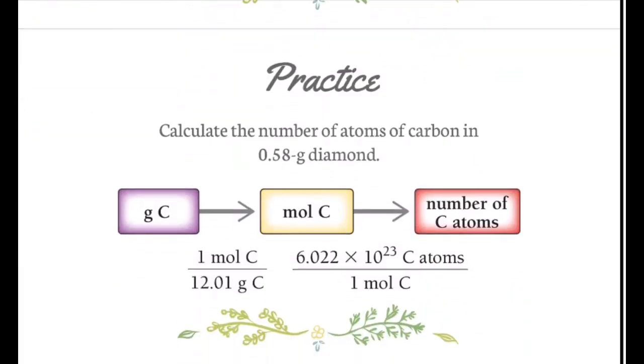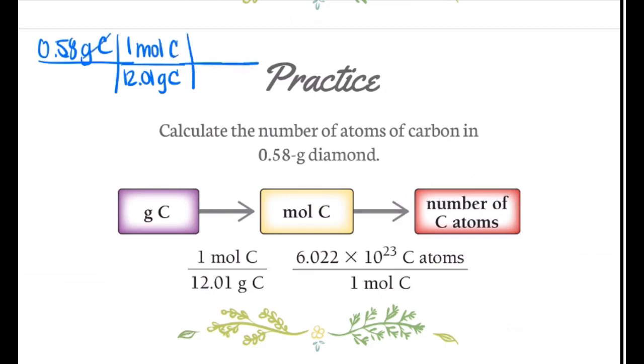Alright, we're going to take that one step further and we're going to do the number of atoms of carbon. So go ahead and pause and work this out. Okay, so we have the number of moles of carbon. I'm going to start from the beginning though to show you how you'd piece it together. This many grams of carbon. The next thing I need to do is find molar mass. In 1 mole.